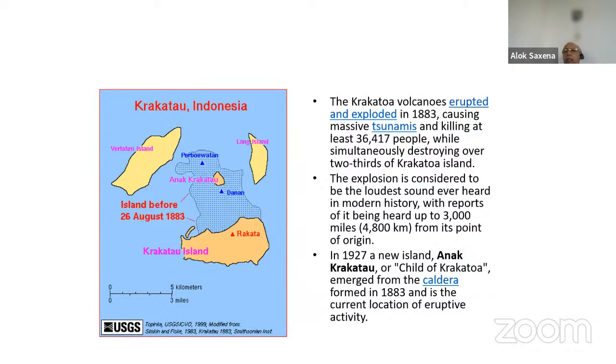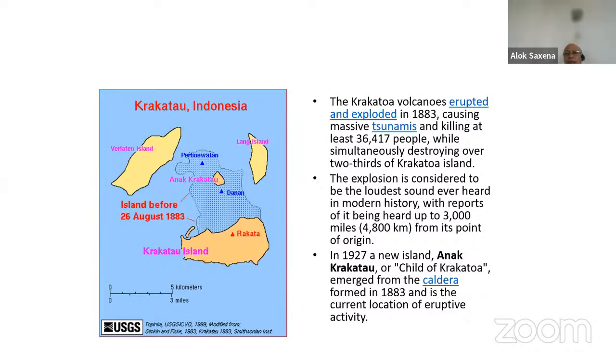There may be more deaths, and its sound was heard up to 4,800 kilometers. In fact, this volcano became active around May 1883, but the big explosion took place on the evening of 26th August, with four explosions. The third was the heaviest, on 27th August.